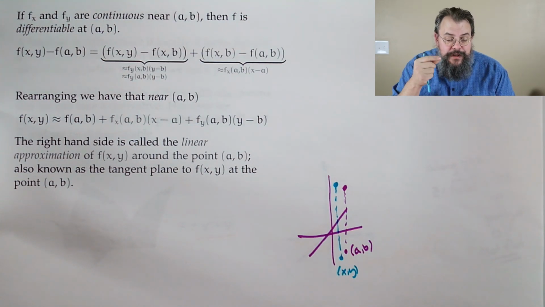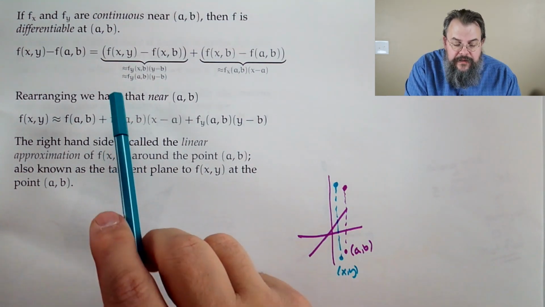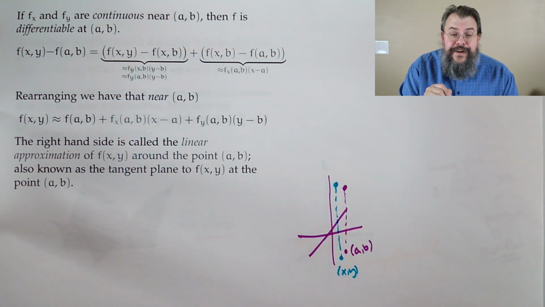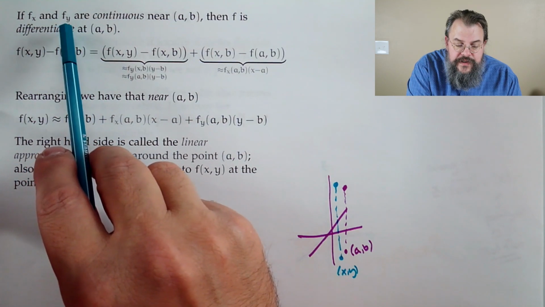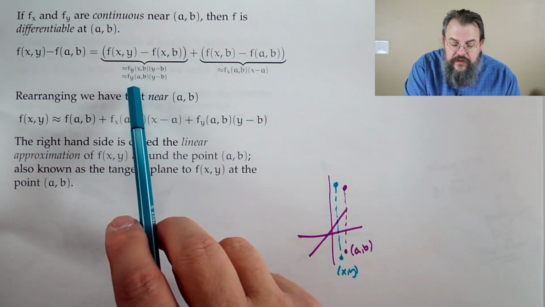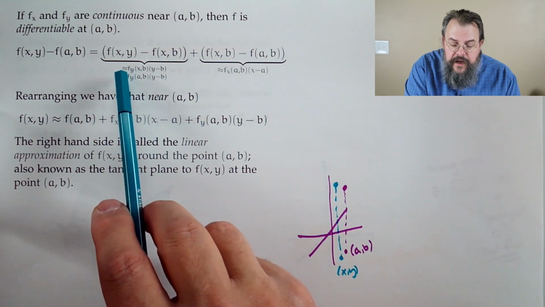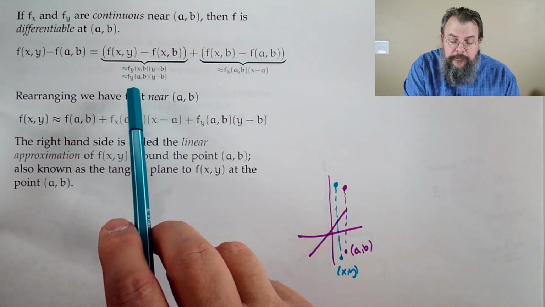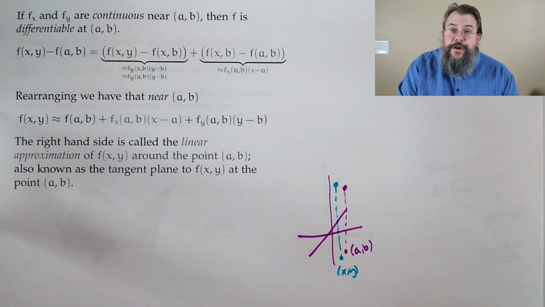But we have to be a little bit careful here. Yeah, that's f sub y at (x, b). Aha, here's where we use that our function's partial derivatives are continuous. So since x is close to a, this partial derivative at (x, b) is very close to the partial derivative at (a, b).